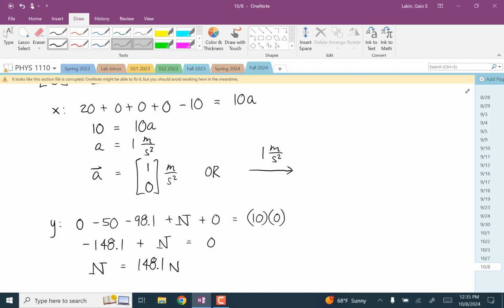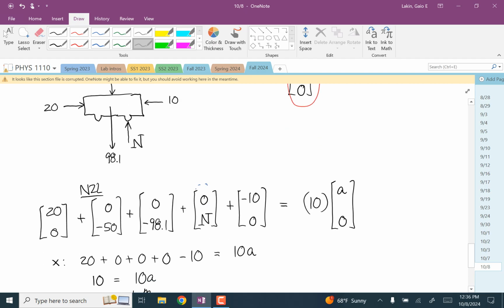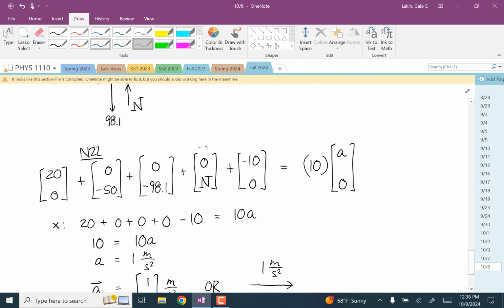Okay, again, now we've solved for this variable, but what we want is that force vector that's applied by the ground. But you already have all of your force vectors defined in Newton's second law. So this is the one we want. And so now we just have to plug N into that.